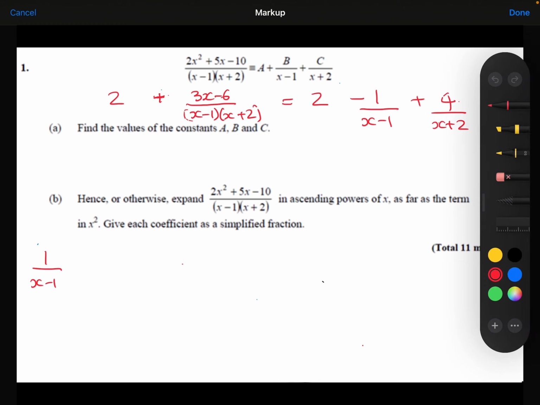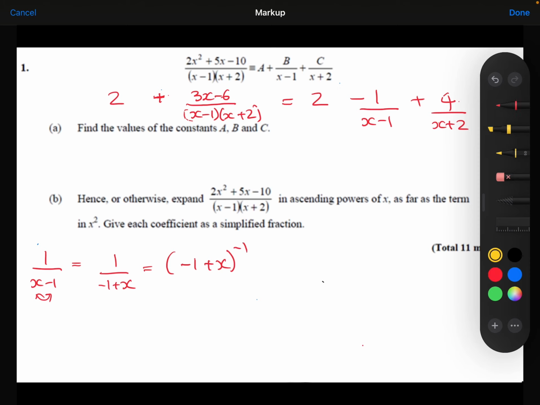First thing I'm going to do is rewrite this as 1 over minus 1 plus x, just swapping those two terms on the denominator around. I'm then going to rewrite this as a power, so it's (−1 + x) to the power of minus 1.